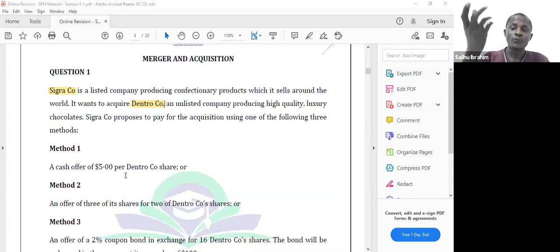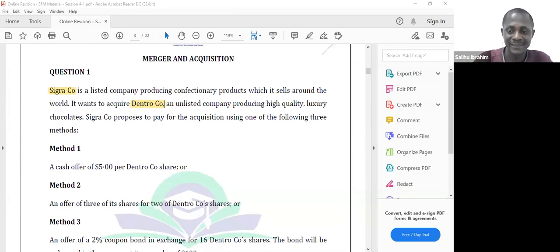Look at it. For every 2 shares of Dentroco, Sigraco wants to issue 3 shares. We take away 2 shares from them, and in place of the 2 shares, we give them 3. That is an offer of 3 of Sigraco shares for 2 of Dentroco's share.